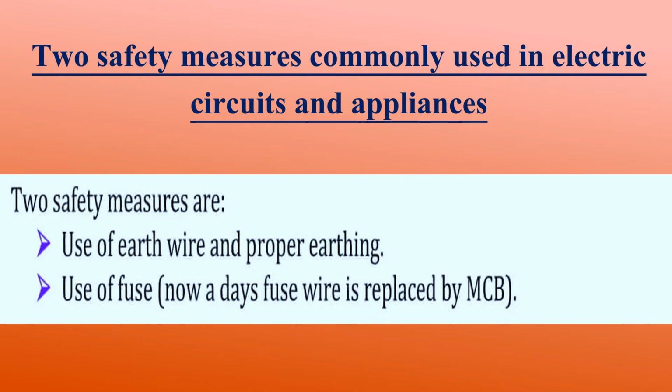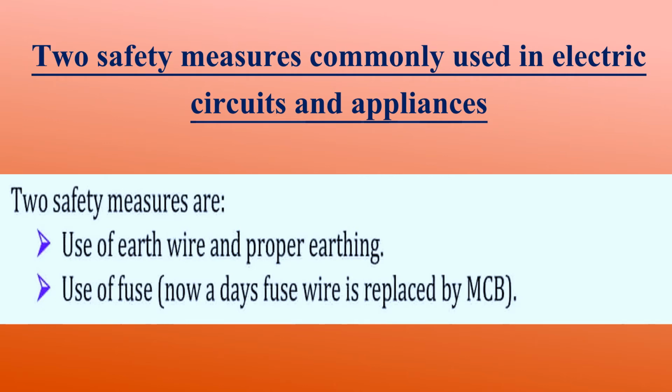The second one is the insertion of an electric fuse. Nowadays, instead of fuses, we are using MCBs, that is, miniature circuit breakers. A fuse works based on Joule's law of heating effect.